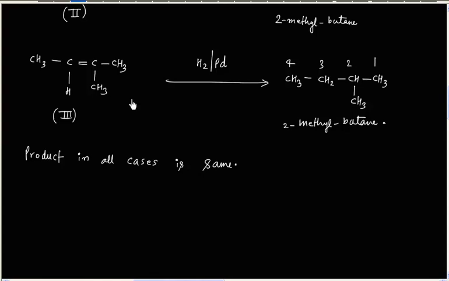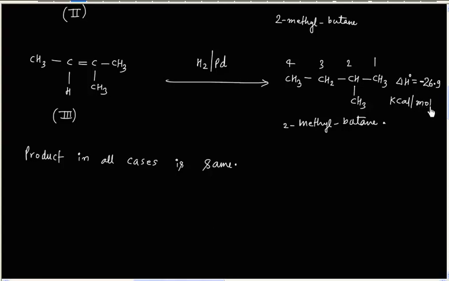For this hydrogenation, delta H degree value is minus 26.9 kilocalorie per mole. And this value is known from experiment.